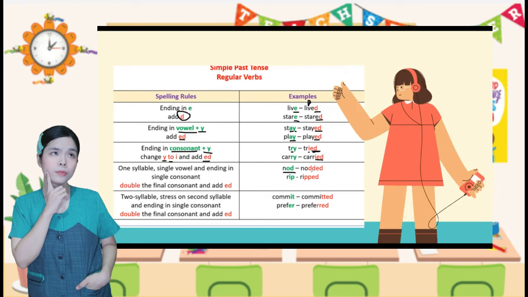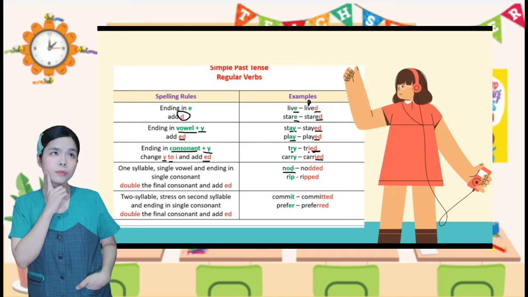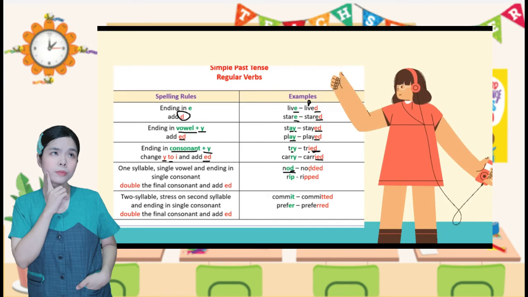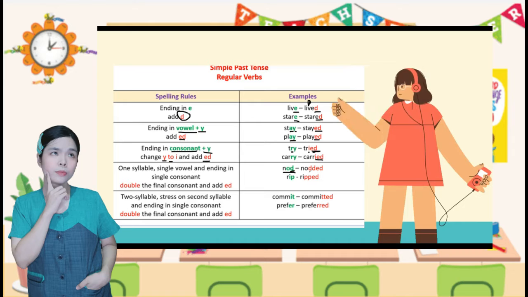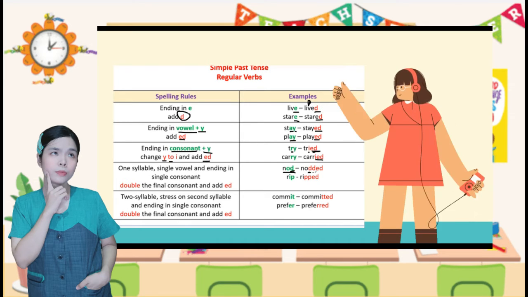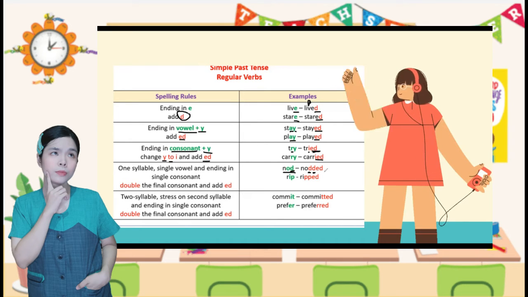We're going to double the final consonant. The final consonant here is letter what? Letter D, and then add ED. So nod, nodded. Rip, ripped. Are you still with me, class?